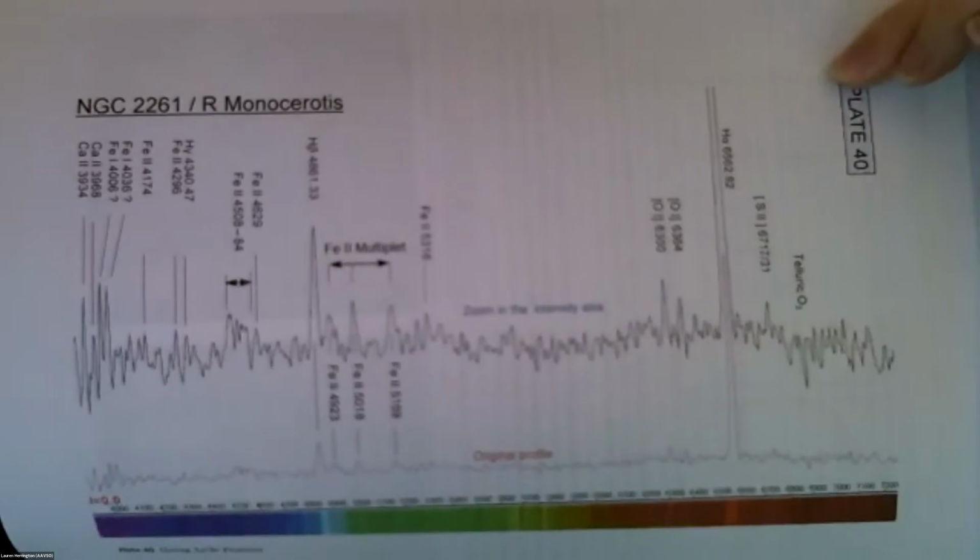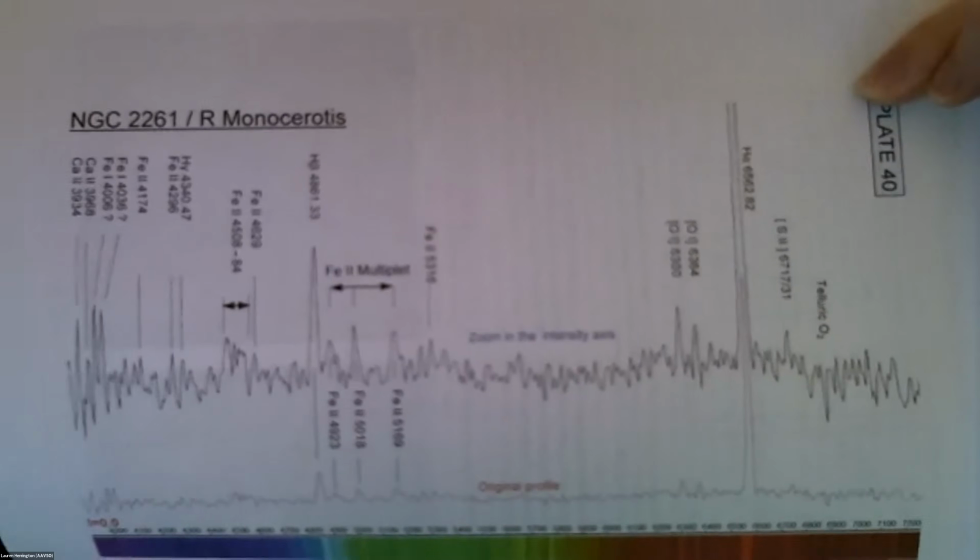Yes. Speaking of which, I have just found the answer to the question about emission lines. I pulled out my copy of Walker's Spectral Atlas from the shelf next to me, and I can see that there are indeed very strong emission lines in these reference spectra of R Monocerotis and T Tauri. They're mostly hydrogen, but there are some emissions from forbidden oxygen and iron, so that's super cool.